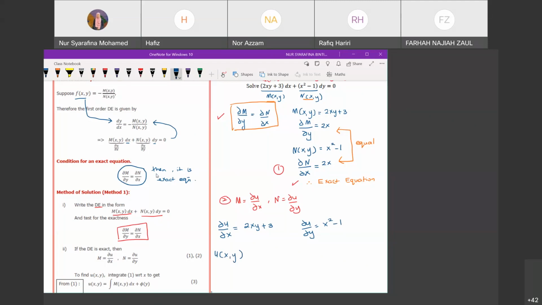Okay, so let's choose, so this is first equation, this is second equation. So let's choose the first equation, where we have del u del x. So in order to get u, what you need to do? From here to here, what you need to do?